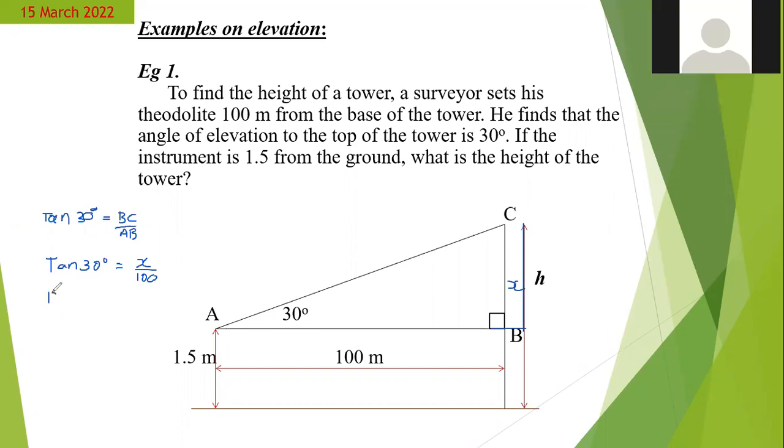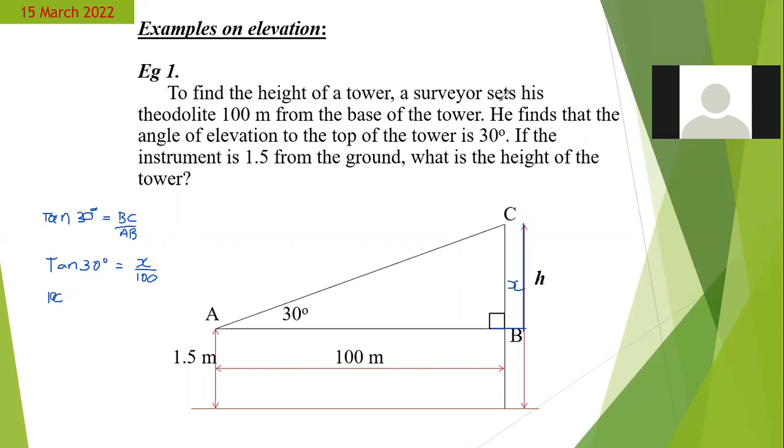So we will have 100 tan 30, and that will be equal to X. All right, we can go ahead now and do the calculation.